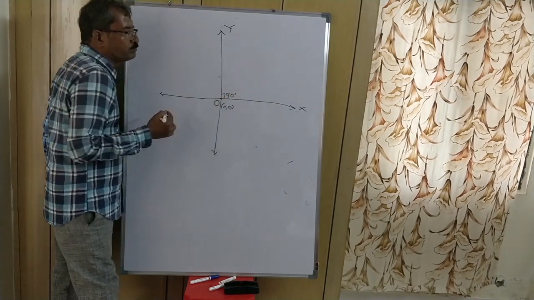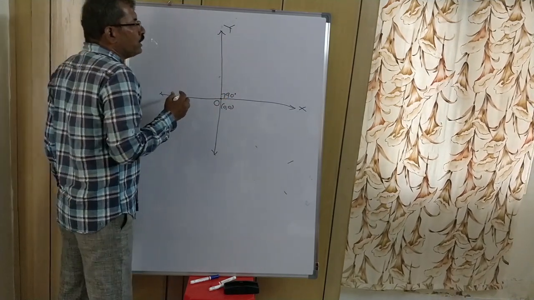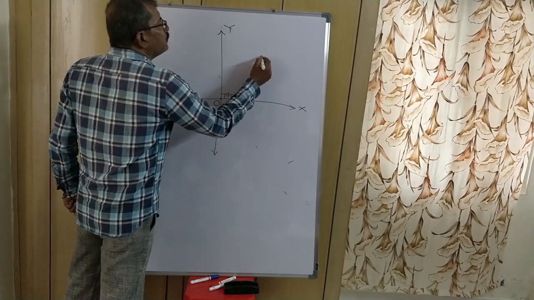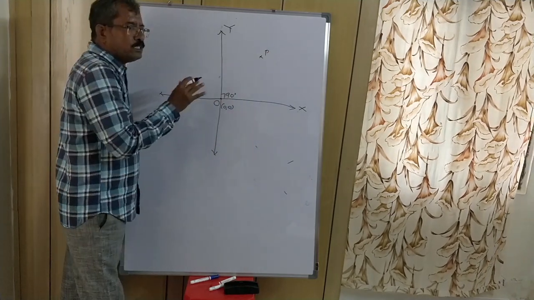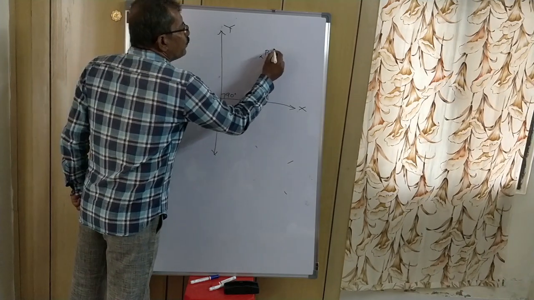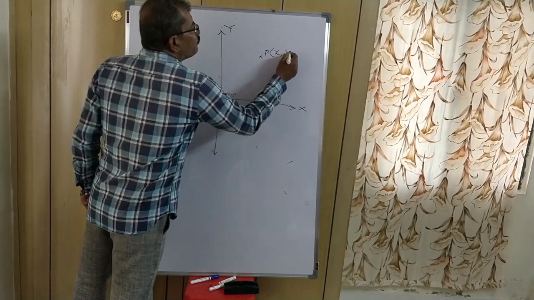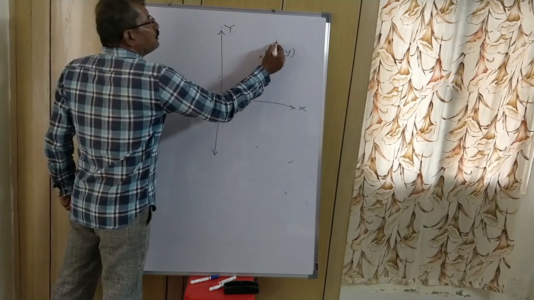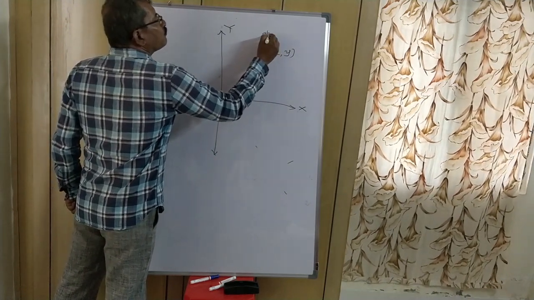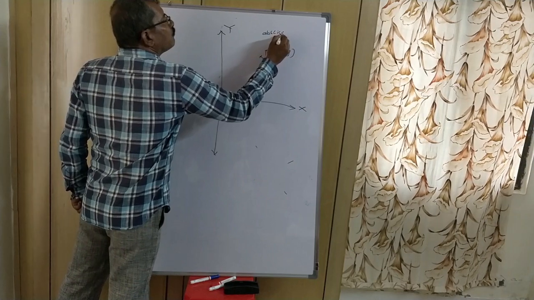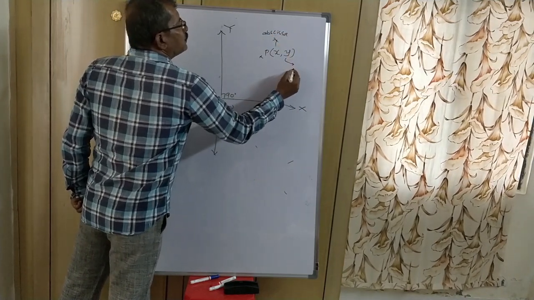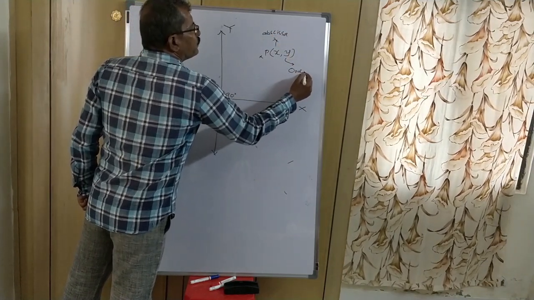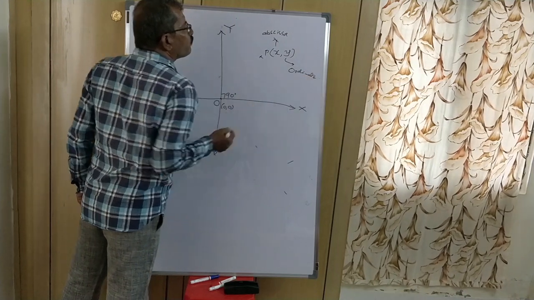And you know that the point P lies in the plane and it is denoted with the ordered pair x, y. The first one is called the abscissa and the second one is called the ordinate.